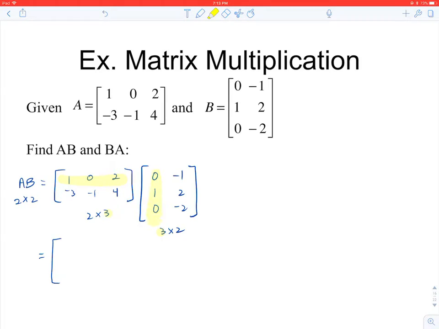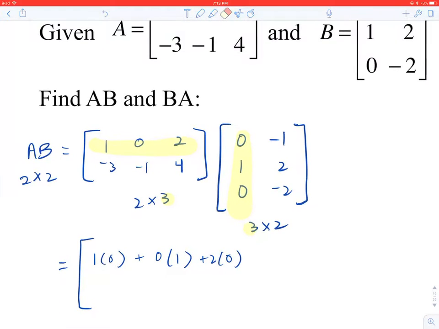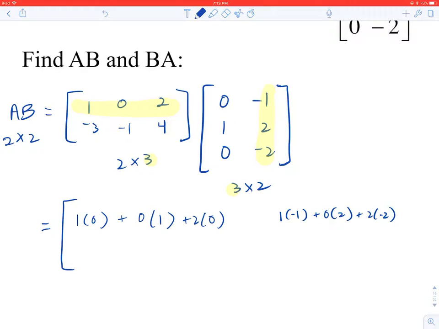Okay, so we'll start going row 1 by column 1. The first element will be 1 times 0 plus 0 times 1 plus 2 times 0. Then move over to column 2, and we'll have 1 times negative 1 plus 0 times 2 plus 2 times negative 2.